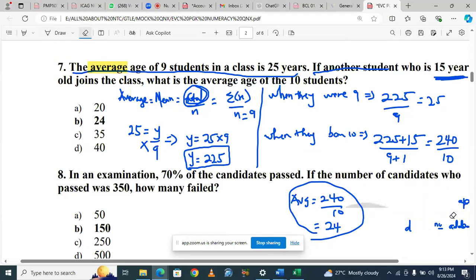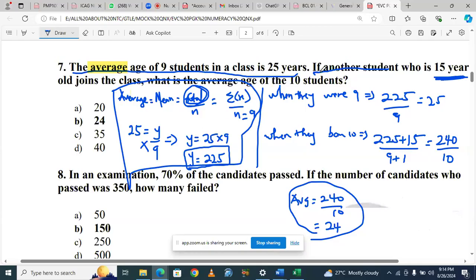How did you get the 240? Okay, please. As at this time, how many were they? There were 9 students, and the average was 25.